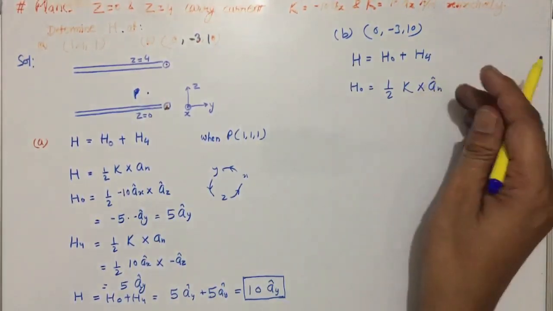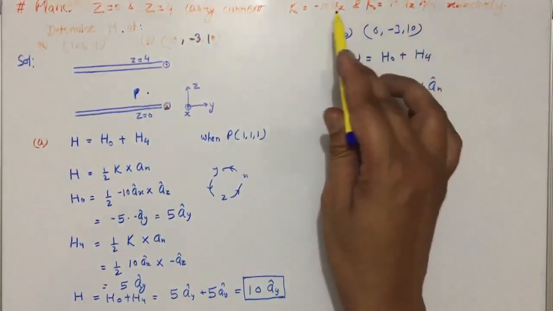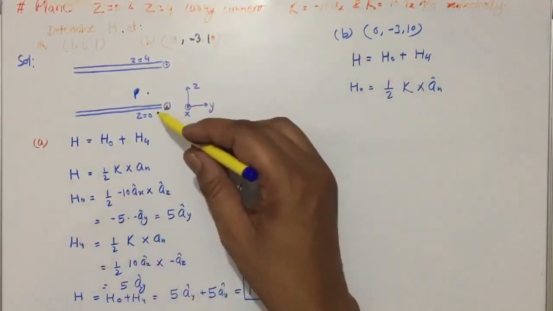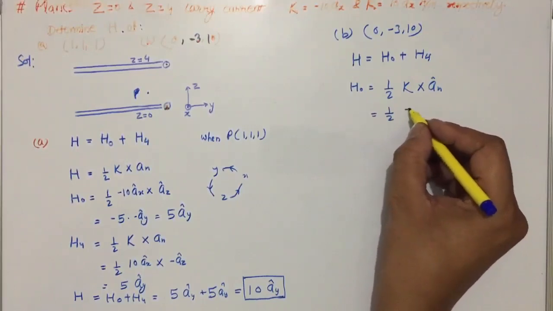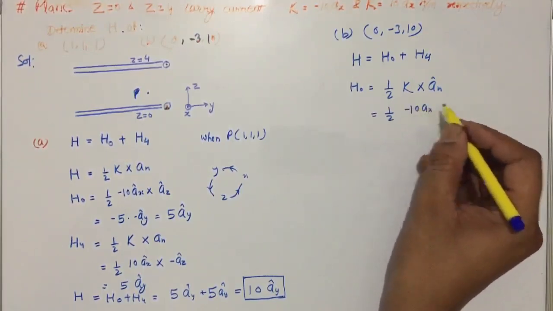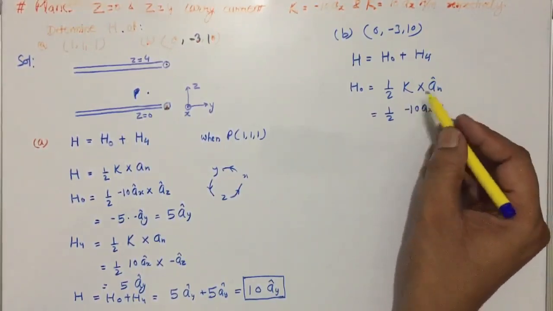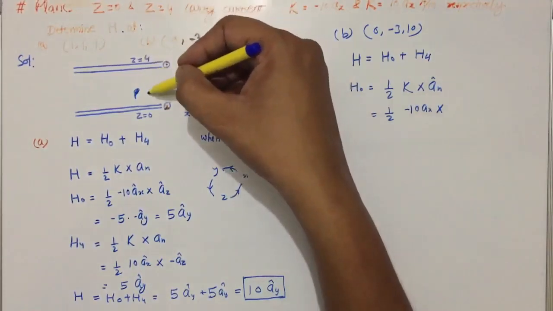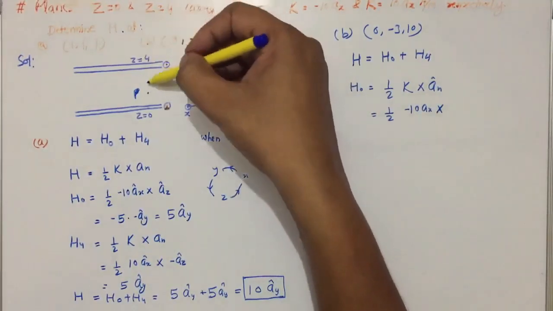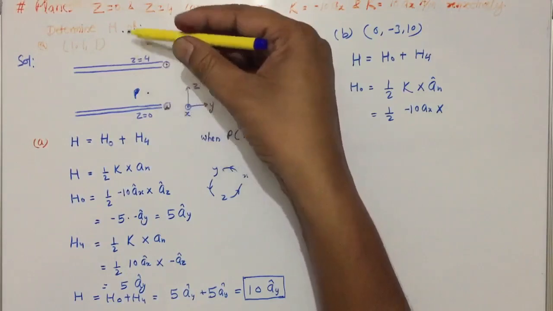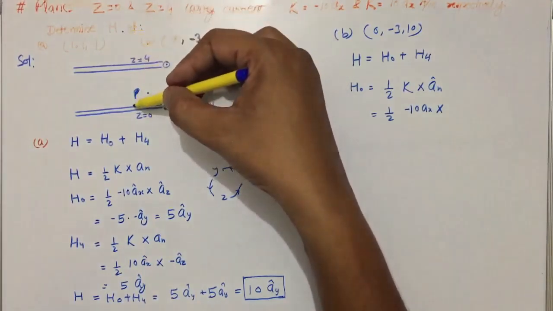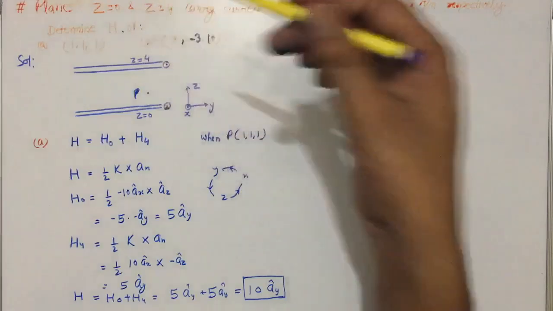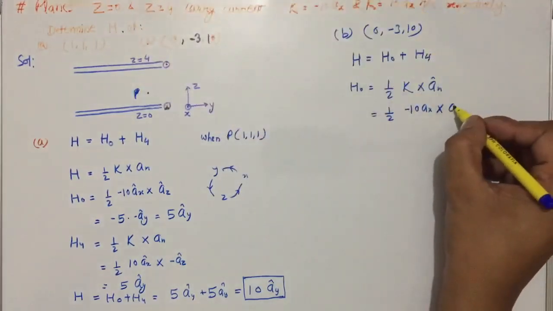For H0, K is minus 10 AX, cross AN, which will be plus AZ. See, we are at this point now, that is 10 units away from here in the positive direction, so it is in the Z direction.